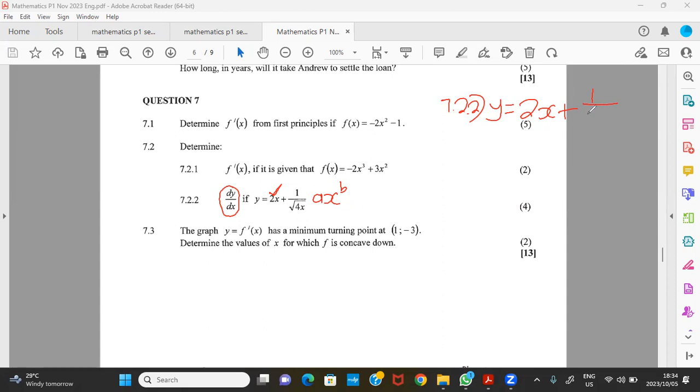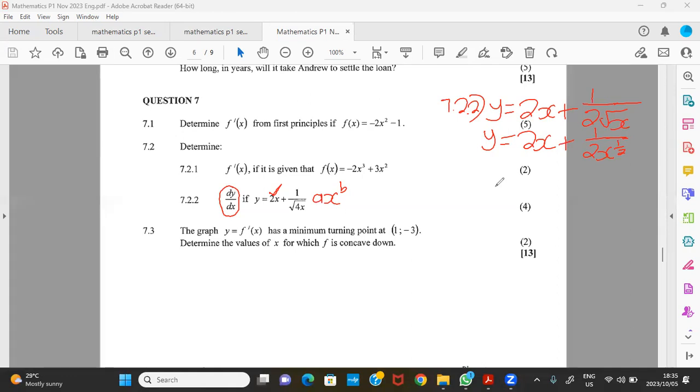Already I know that the square root of 4 is 2, and then basically root x. So it's 2 root x, because there's no number for the square root of x. So y is equal to 2x plus 1 over 2, then we'll have x to the power of half. So we made it a rational exponent as I have shown you before.